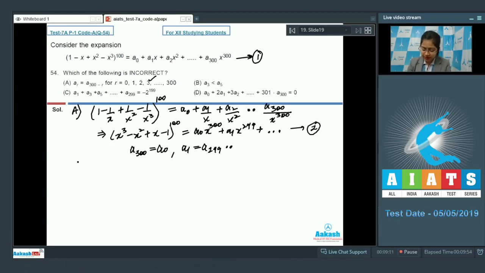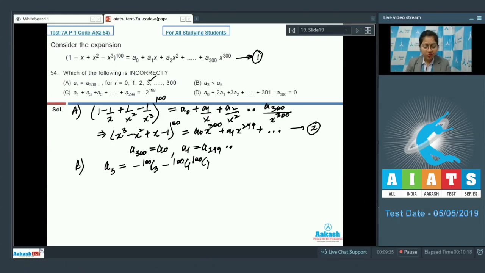Let's now check option number B, in which we have to compare the coefficients of x cube and x5. So the coefficient of x cube, that is a3, will be equal to minus 100c3 minus 100c1 into 100c1.